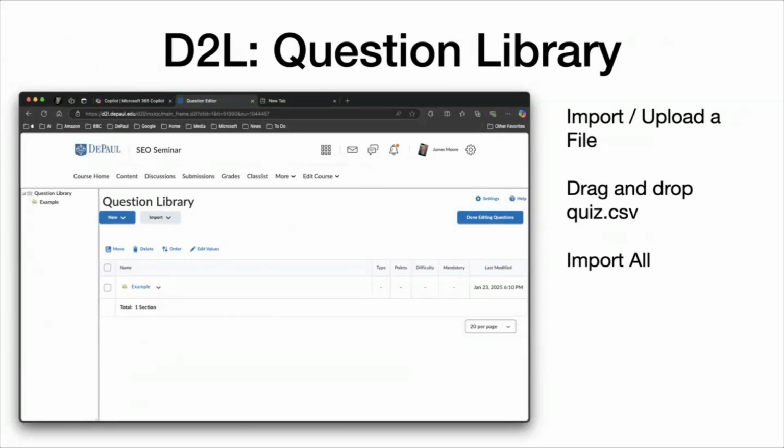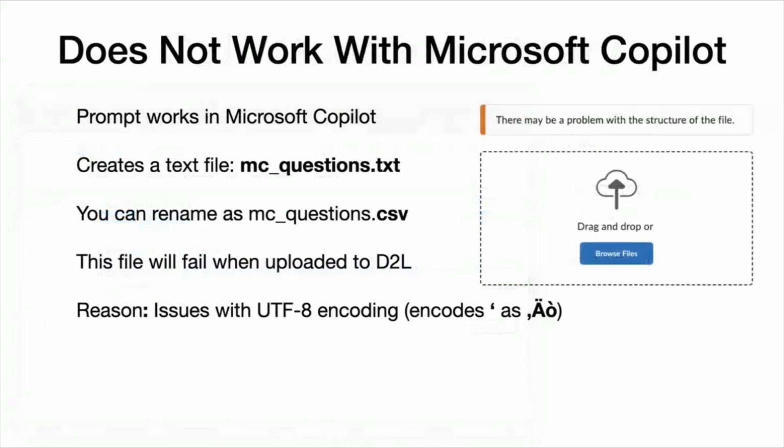So the process is simple. Does it work? Unfortunately not. So this process will create a text file, mcquestions.txt, which you could rename. So you change the file extension to CSV. You can try to upload this into D2L, but the process will fail.